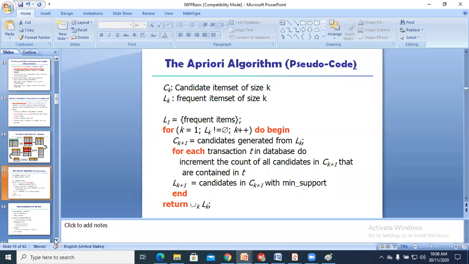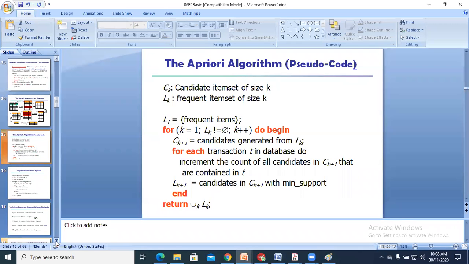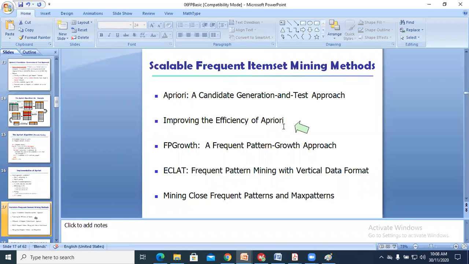We have to scan the database several times, so how can we improve the efficiency of this apriori algorithm? Yes, we can improve it.